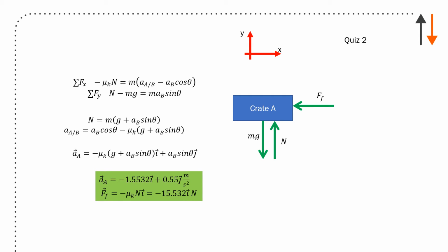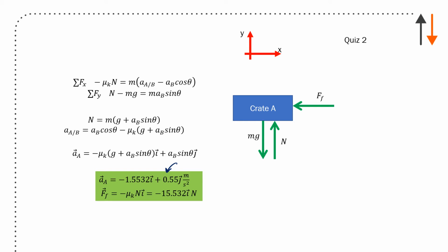Putting all the terms together and solving, I end up with this, which is just acceleration of A in terms of the i and j components, and force of friction, which is minus 15.532 in the i direction, in newtons.